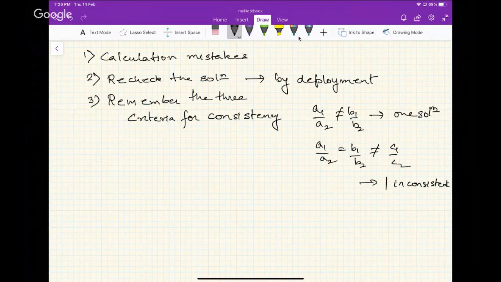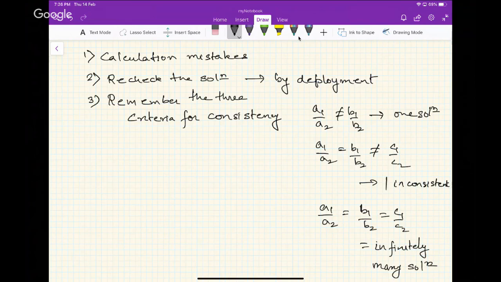And third, A1 by A2 is equal to B1 by B2 is equal to C1 by C2: infinitely many solutions. So please remember these three.